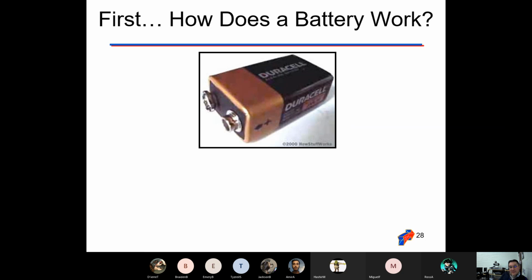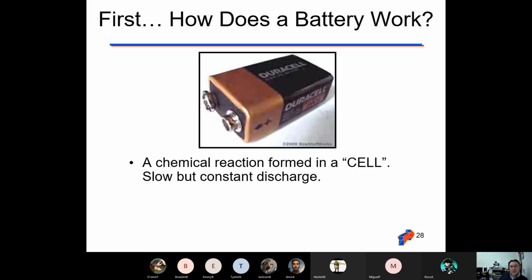So first thing before we get into what a capacitor is, we need to explain how a battery works. You don't have to write this down, this is just information. A chemical reaction formed in a cell, which is why these are called cells, sometimes battery cells. This is a chemical inside here that is reacting with another chemical in order to produce electricity.